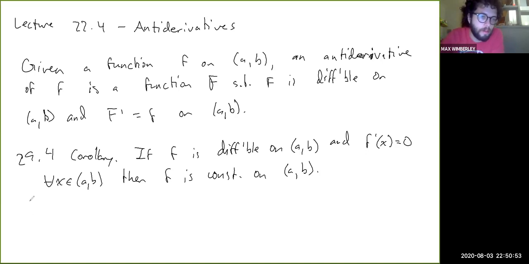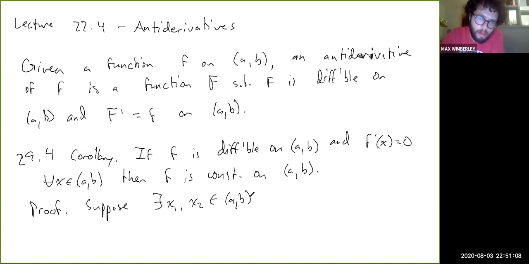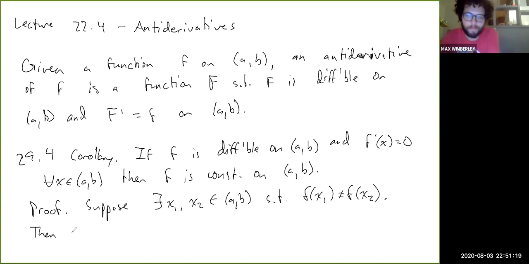Okay, so suppose there were x1 and x2 in (a, b) such that f of x1 is not equal to f of x2. Then the mean value theorem, right?